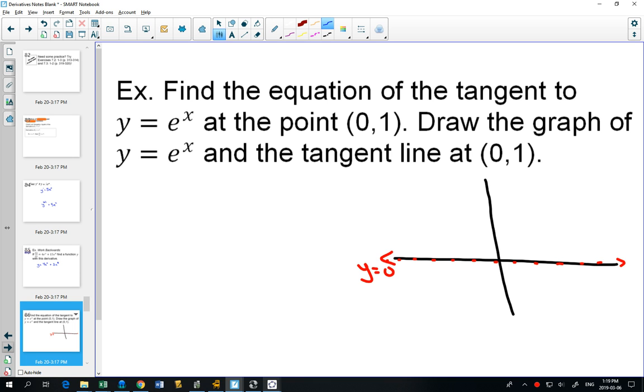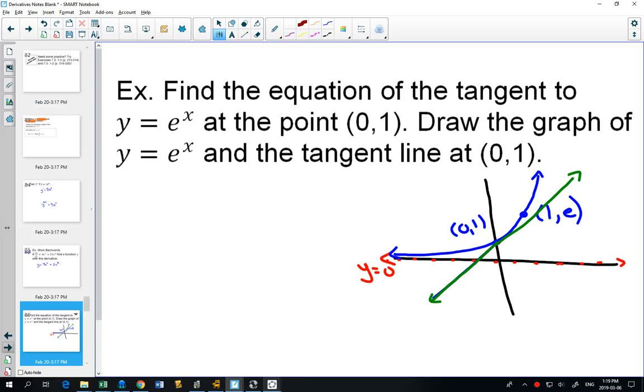It's going through the point 0, 1. The next point you could figure out would be, if you plug in 1 for x, you would get e for y. And so here's the graph, and we want to find the equation of this tangent line at the point 0, 1.